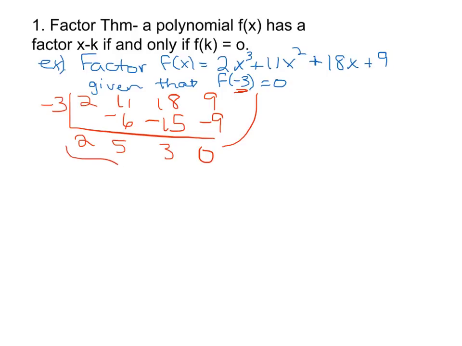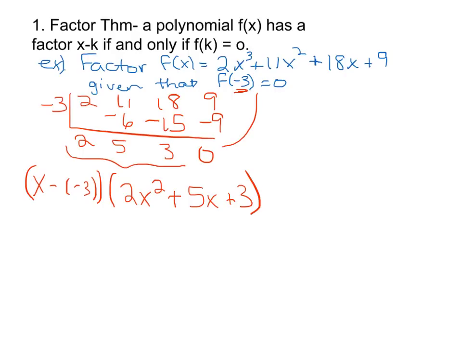But the important part now comes in here. It tells us that if I take x minus k, which k in this case is negative 3, that I would multiply that times 2x squared plus 5x plus 3 in order to get the original f of x. So x plus 3 times... Let's take a look at this.